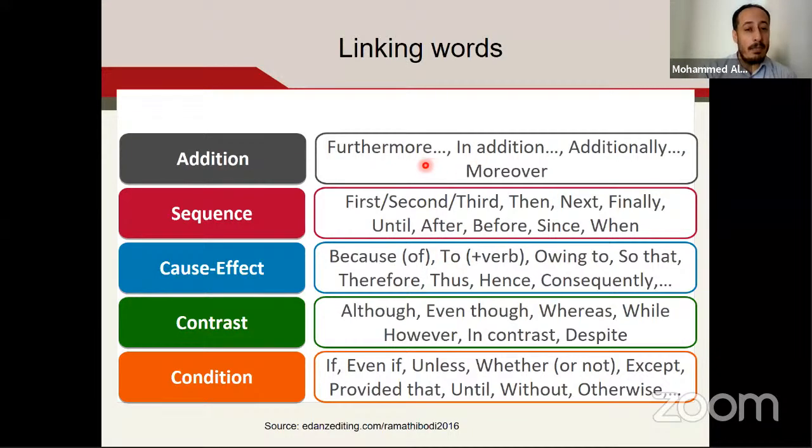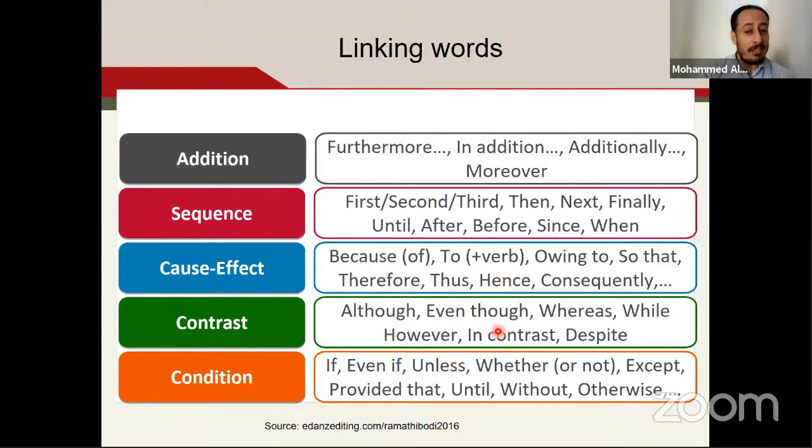So instead of saying "and" or "also," you can say furthermore, in addition, additionally, moreover. For sequence, especially in the methodology, when you write different procedures, you can start with first, second, after that, then, next. For cause and effect, not all the time use "because." You can use therefore, thus, consequently.